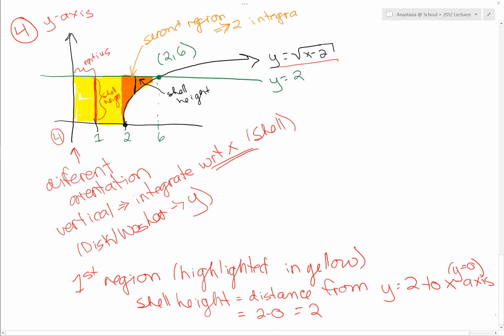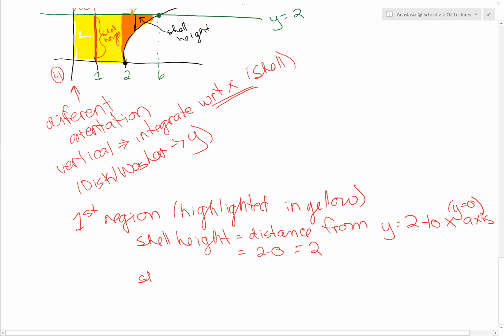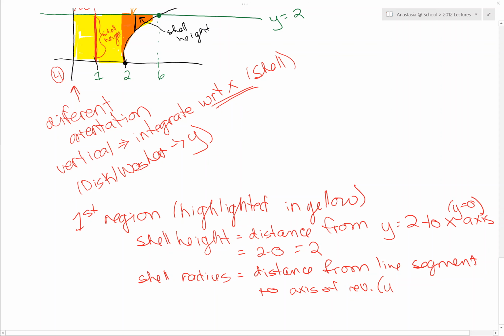Our shell radius is the distance from the line segment to our axis of revolution, which is the y-axis.